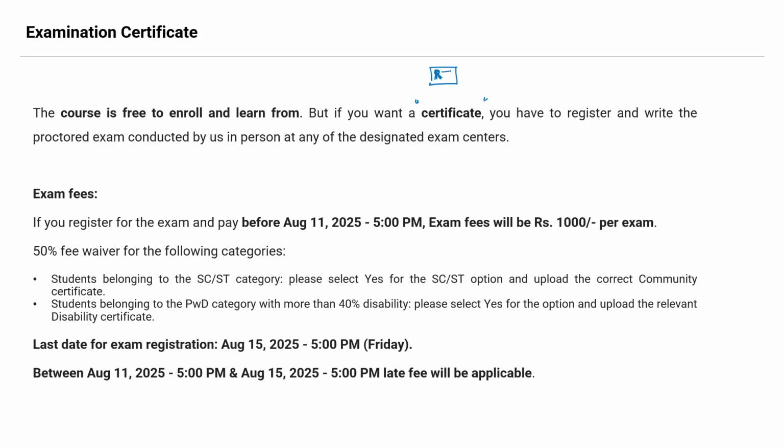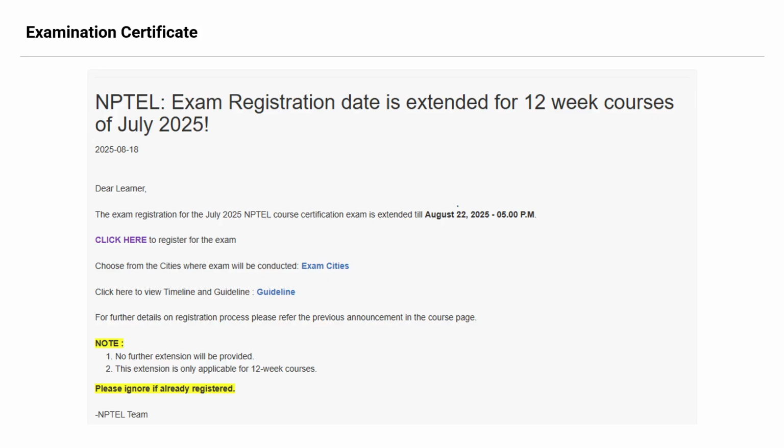In that case, you have to give the physical examination, for which there is certain exam fee. Now there was a deadline of it. First it was 15th of August, and later it was extended to 22nd of August. So I think if you have registered for the examination, probably you'll get the certificate.